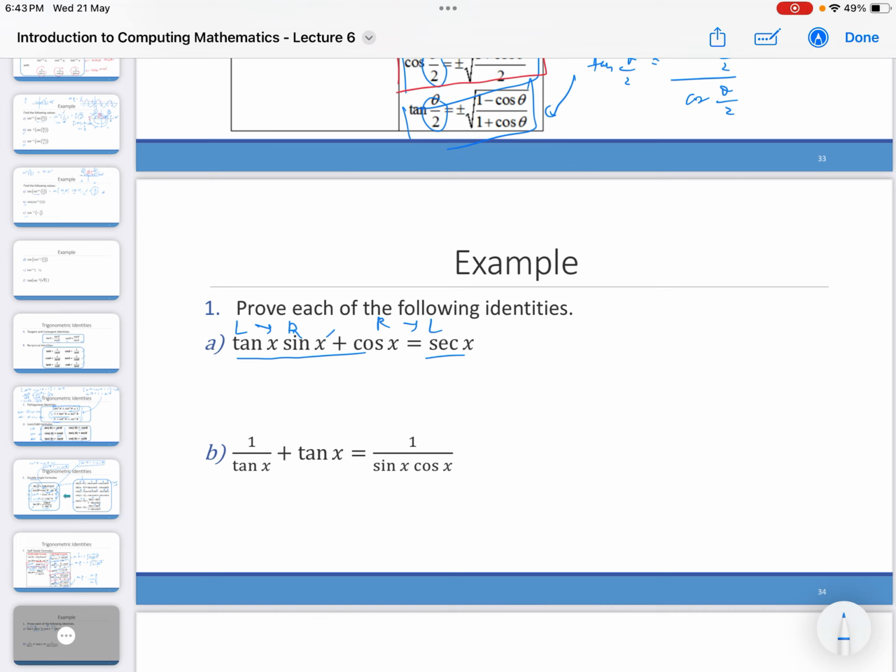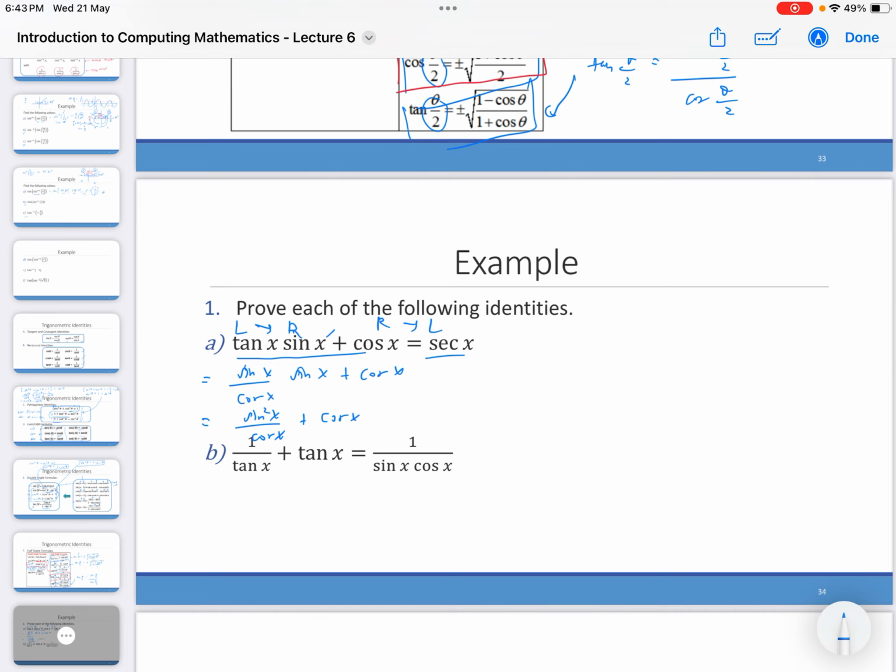So I have tangent x times (sin x plus cos x). We know tangent is equal to sine over cos. So we have sin x over cos x times (sin x plus cos x). And then this one equals sine squared x over cos x plus cos x.